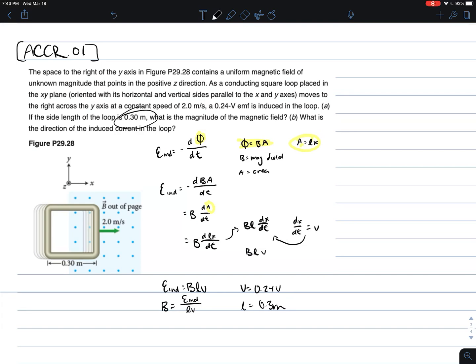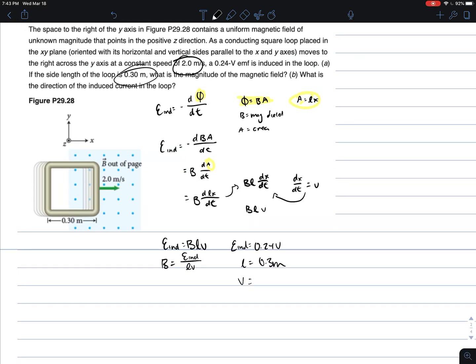Oops, I saw the V in the EMF and went with the wrong thing, so this is actually E induced here. And then v itself is going to be the velocity here, which is 2.0 meters per second. So now we can calculate B, which is 0.24 volts over 0.3 meters times 2.0 meters per second.